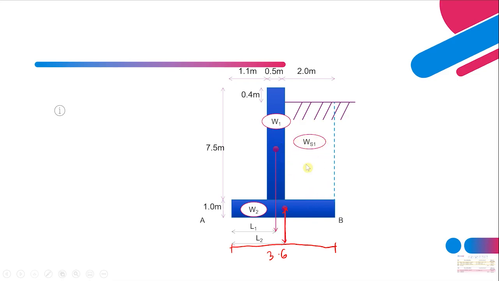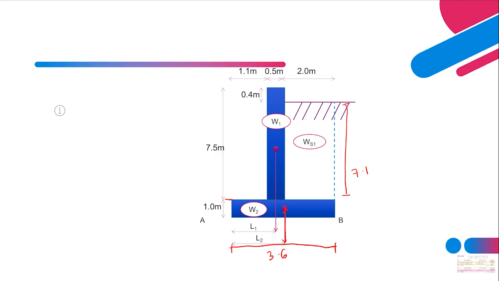Jadi weight of soil ni pun termasuk. Jadi kita kira area WS1 ni 2 meter times with 7.1. Okay, sebab dari atas 7.5, daripada atas ni sampai ke sini 7.5, you kena tolak 0.4 sebab soil ni tak sampai top of the retaining wall pun. So here it is 7.1.